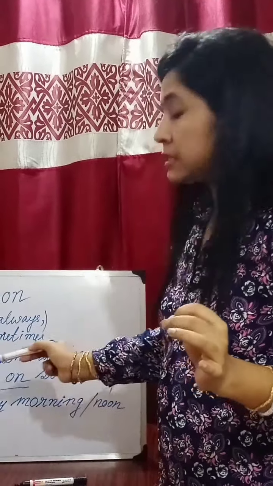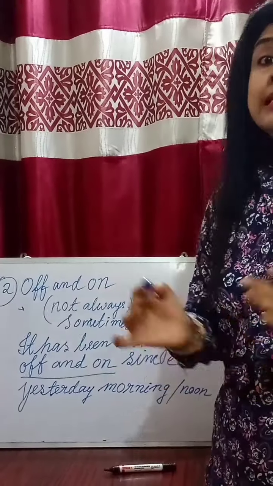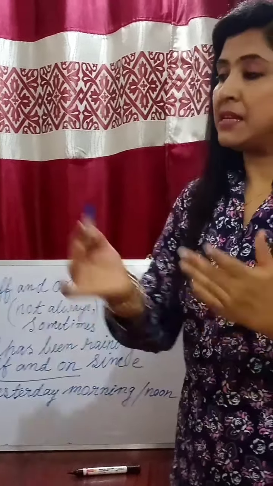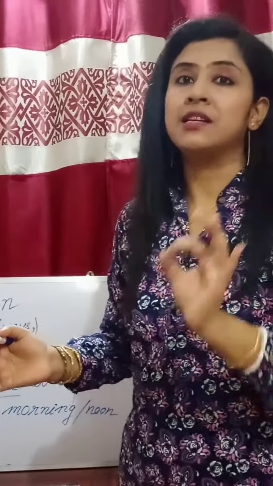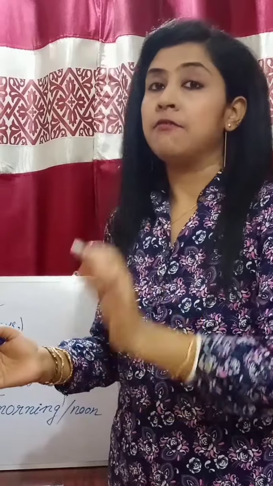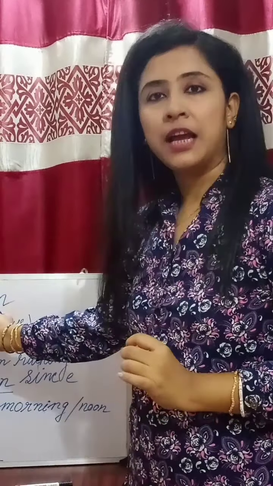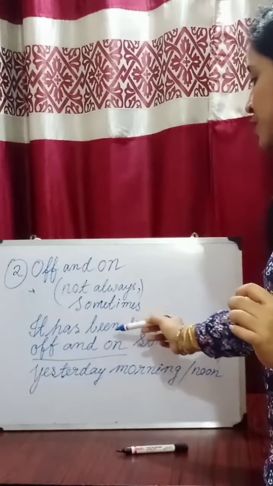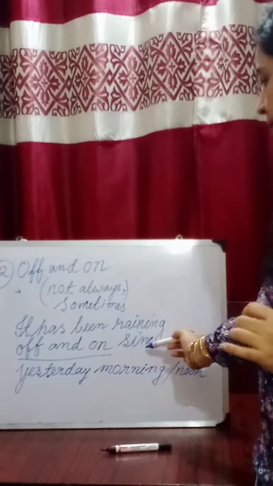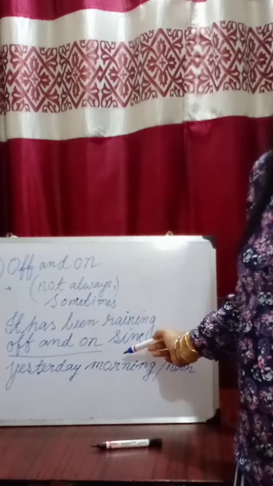The meaning of the sentence is, it's not raining ceaselessly. There is a stop in between. So it's not raining continuously. The thing that doesn't happen continuously, you can relate to the idiom off and on. So the sentence is, it has been raining off and on since yesterday morning or noon.